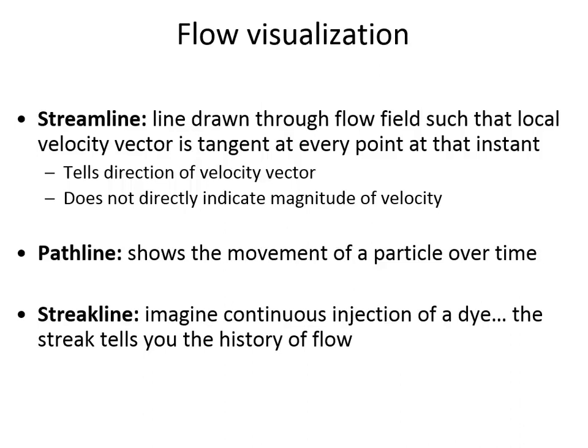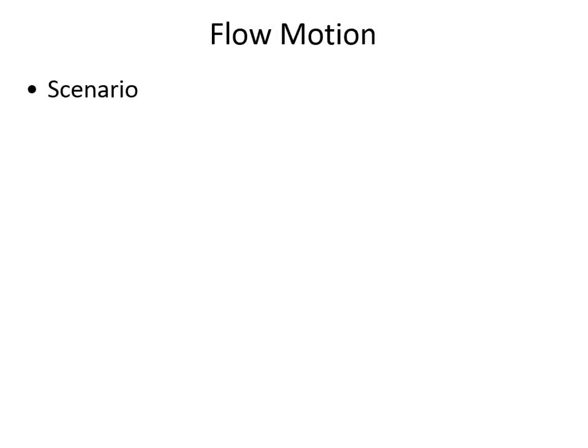There's also something called a streak line, and a streak line is produced by continuously injecting some sort of a tracer or a dye. And it tells you the history of flow over time. We'll take a look at an example that compares path lines, streak lines, and streamlines. And then on Tuesday, next week, we're going to work an example that compares streamlines, streak lines, and path lines.